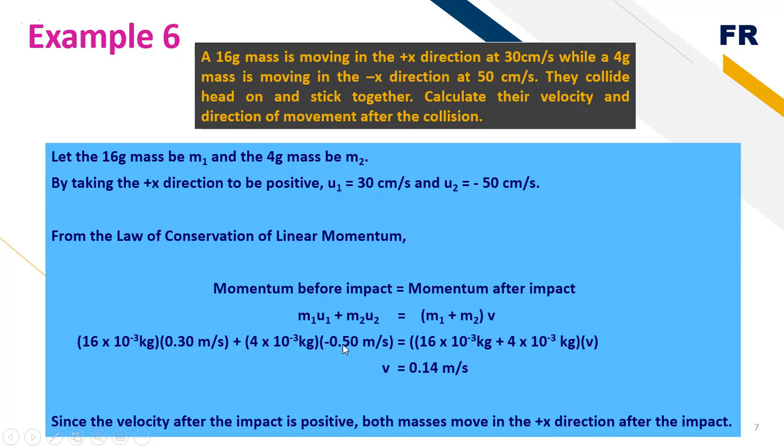Substituting all the values, we get V, that is the final velocity of the objects after the impact, as 0.14 meter per second. Note that V is positive here. If we check our initial assumption, that is taking the positive x direction to be positive, then since V is positive, both masses move in the positive direction after the impact.